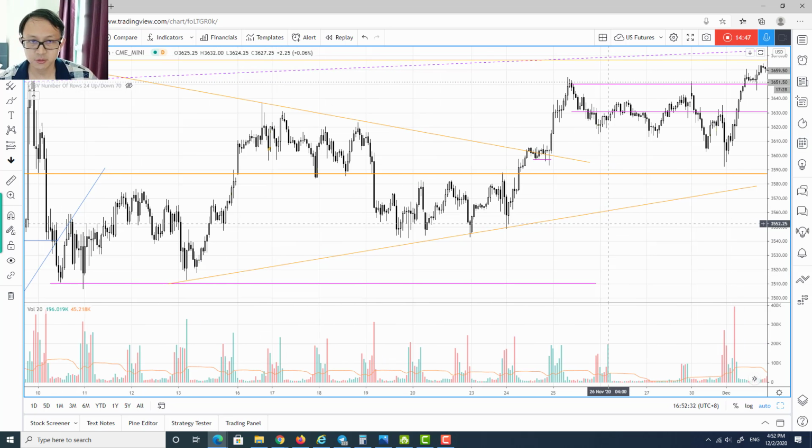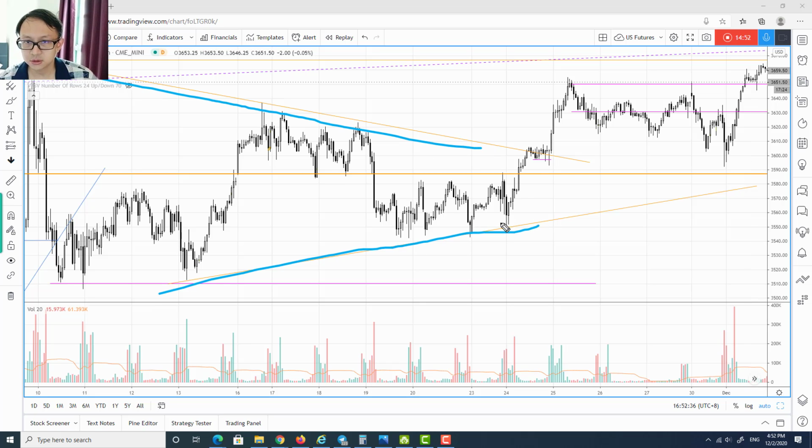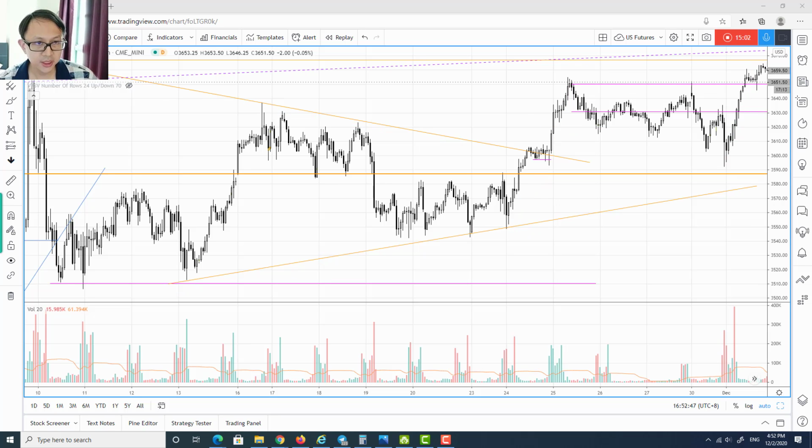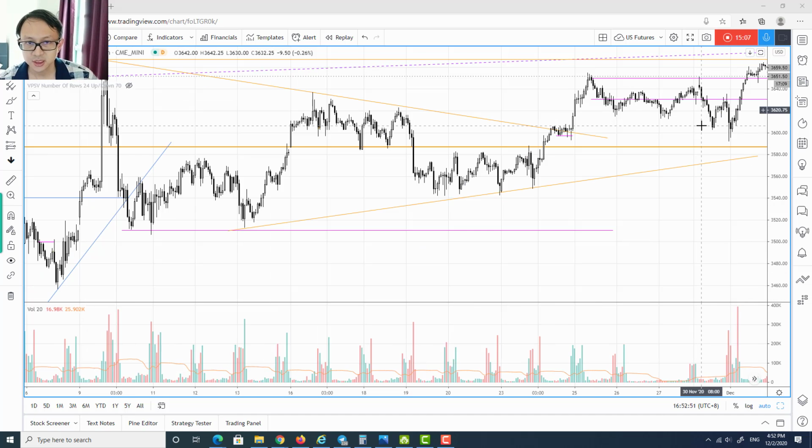We have seen a breakout followed by a pullback as a consolidation, and again we have another breakout. But overall, yesterday's action actually created a false breakout, or an upthrust.